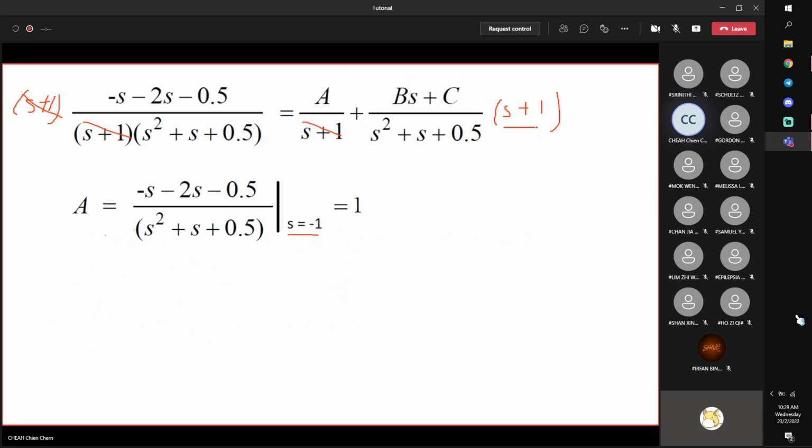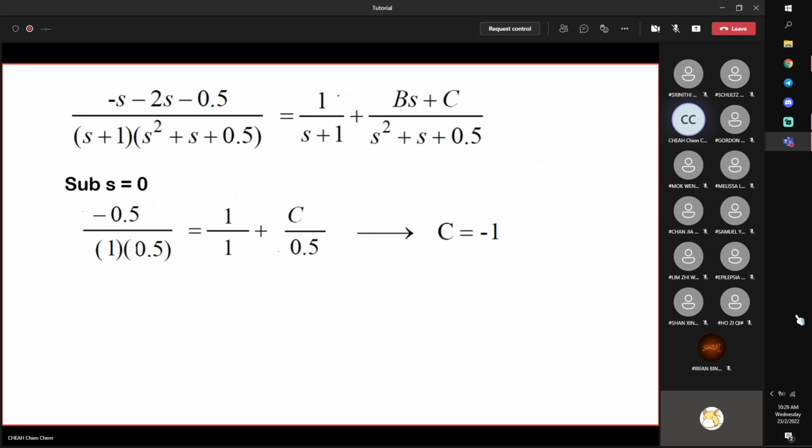Now I multiply by s plus 1, and you put s equal to -1, then this becomes 0. Then you only end up with A, right? So here you just put s equal to -1 without this term. This is called the cover-up rule, and it's equal to 1. Therefore I can solve for A without having to solve three equations with three unknowns. So this is the idea.